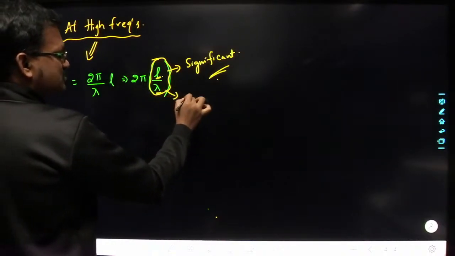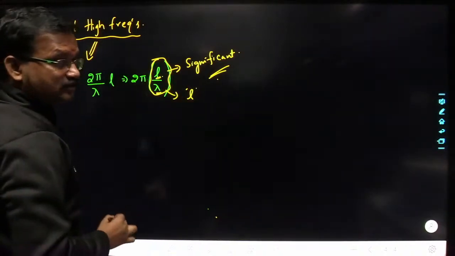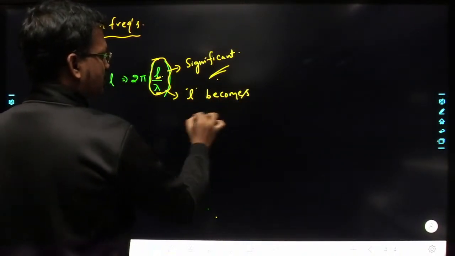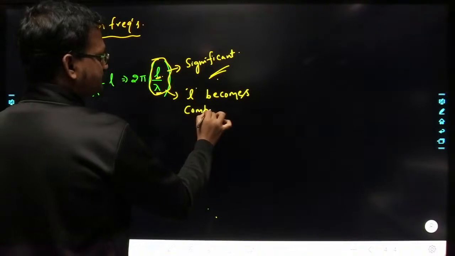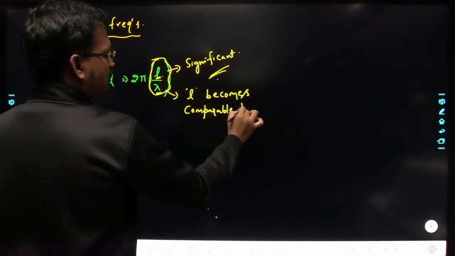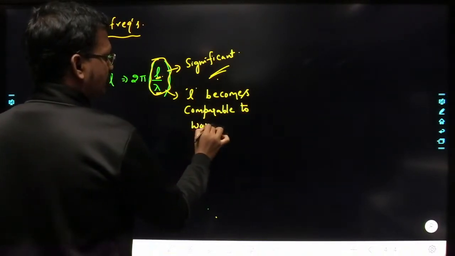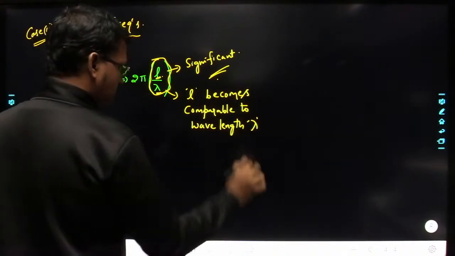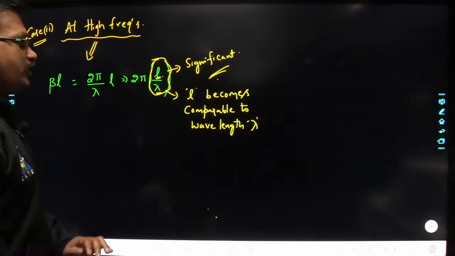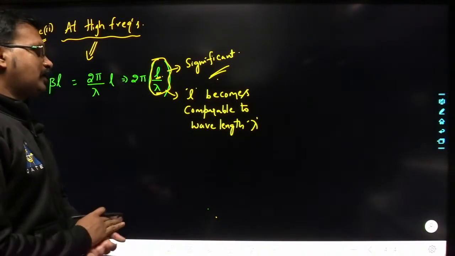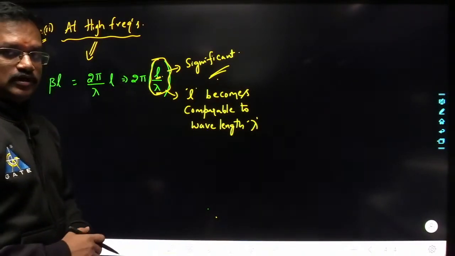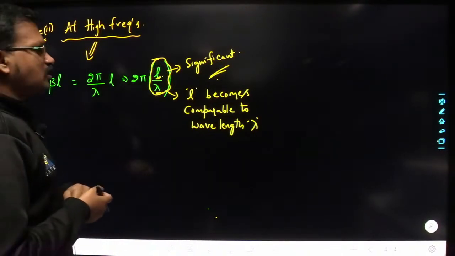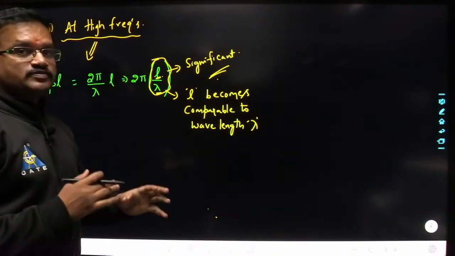Here in this case, the length of the transmission line becomes comparable to wavelength lambda. Understood? It is not compulsory that L by lambda ratio must be far greater than 1.